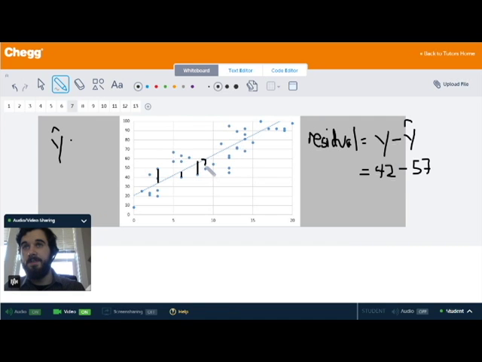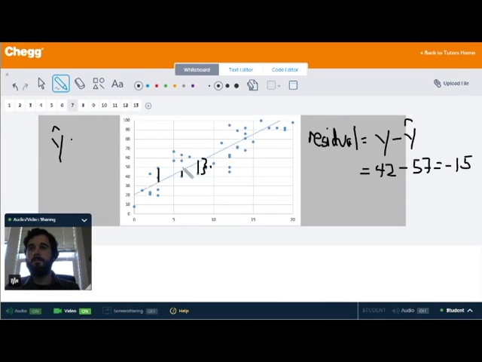So this residual is probably about negative 15. And this one looks like 40 minus 46, so about negative 6.